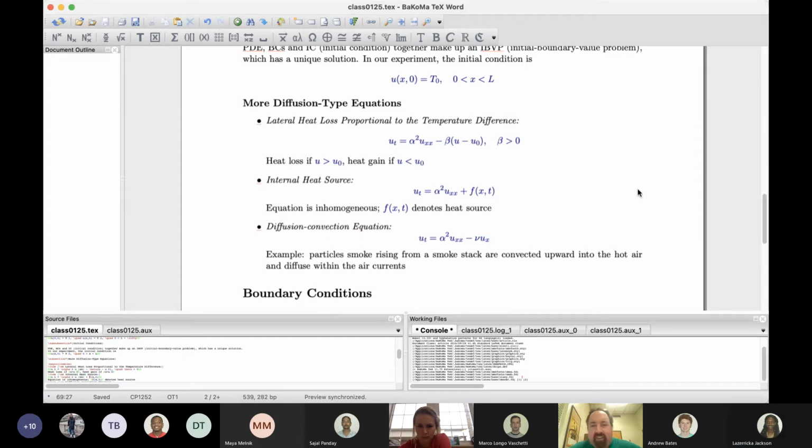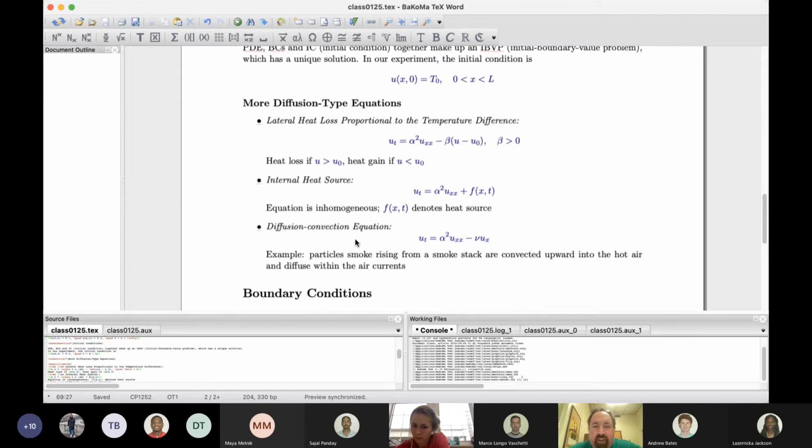Okay. All right. And then if we have a first derivative term, it can account for convection. So here are some examples of convection that occur. There are a lot of problems that involve diffusion terms with u_xx, convection terms that involve first partial derivatives, and sometimes a reaction term that would just have a coefficient times u with no derivative involved.